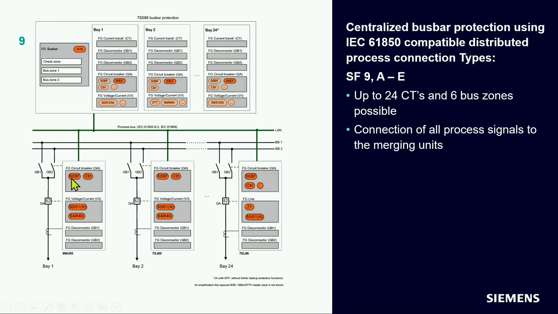Here you can see the 6MU85 as a dedicated bay unit, but you can also use a 7SJ85. You can use any modular SIPROTEC 5 device as a bay unit. Here you connect your disconnector positions, your circuit breaker positions, and your current information to the merging units. Then this data is transmitted via the process bus IEC 61850-9-2 to the central 7SS85.